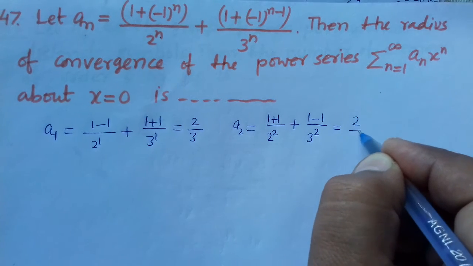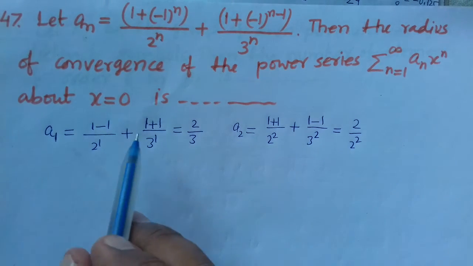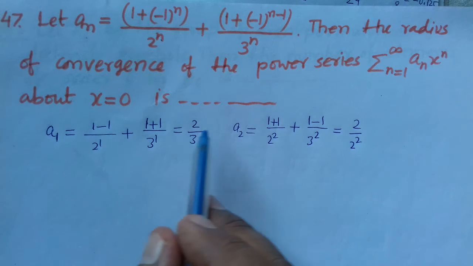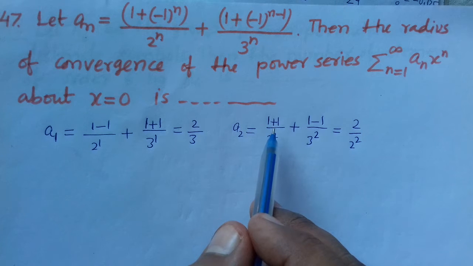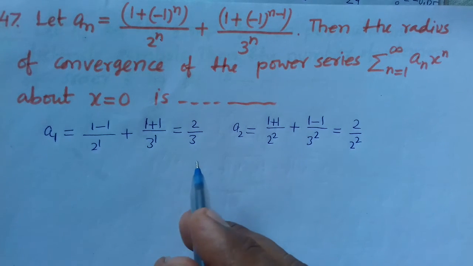2 by 2 squared. You see that the only change is in the minus sign: here minus in the first, and in the first here you see plus, so this will go alternately.